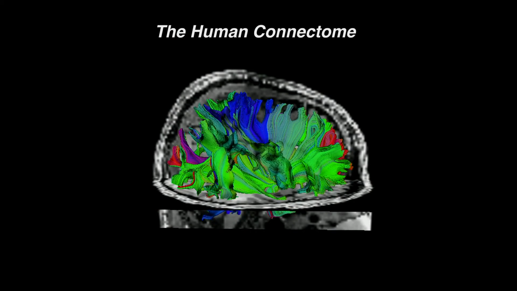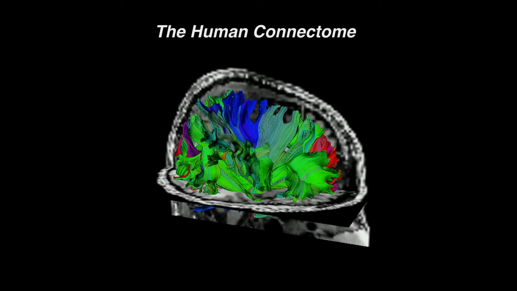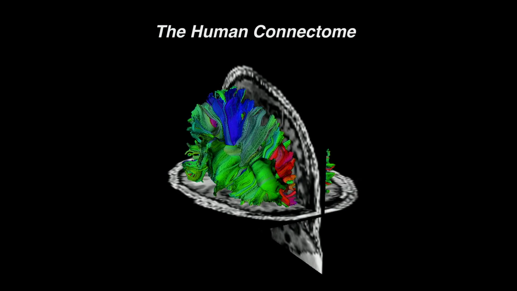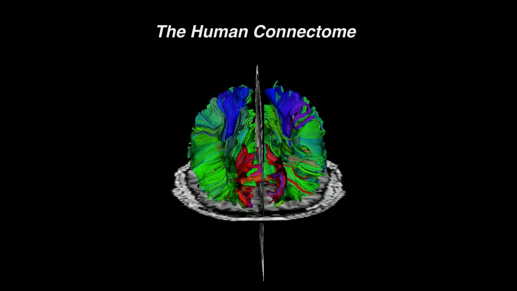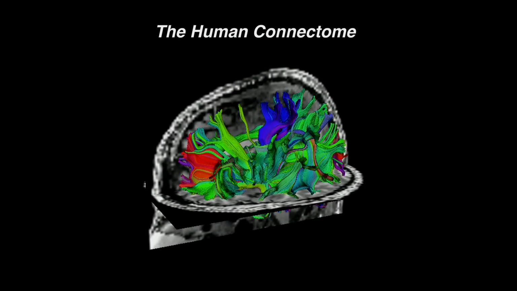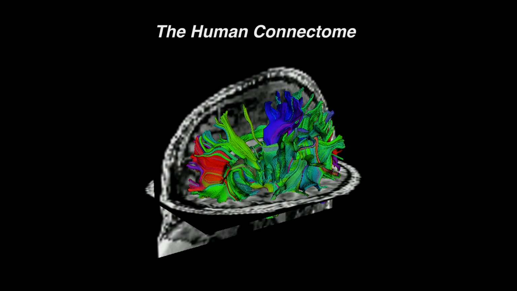So here's an estimate of the connections in a single human brain measured while this person was alive, still is alive. And we refer to the sum total of all the connections in the human brain as the human connectome, an analogy to a genome or something of that sort.